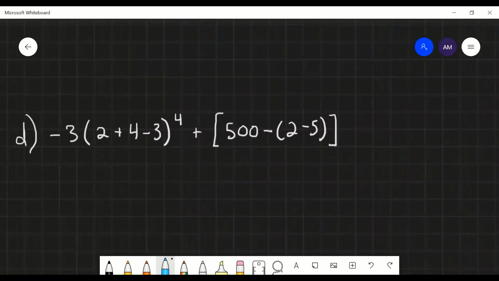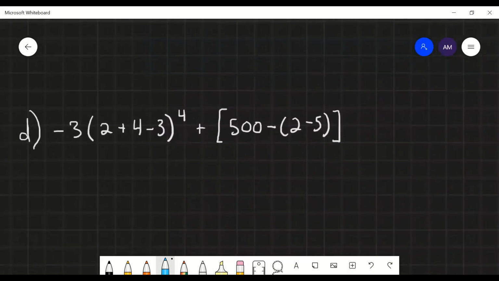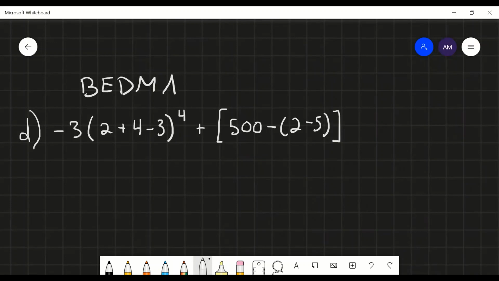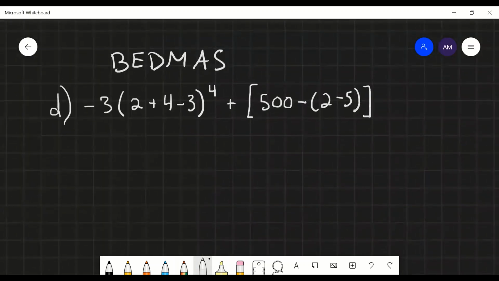As I mentioned, these can become more and more complicated. So again, even though this looks scary, just do the exact same steps that we did. BEDMAS is a great way to manage very chaotic mathematical expressions such as this one. So BEDMAS suggests that we answer what's in the brackets first.